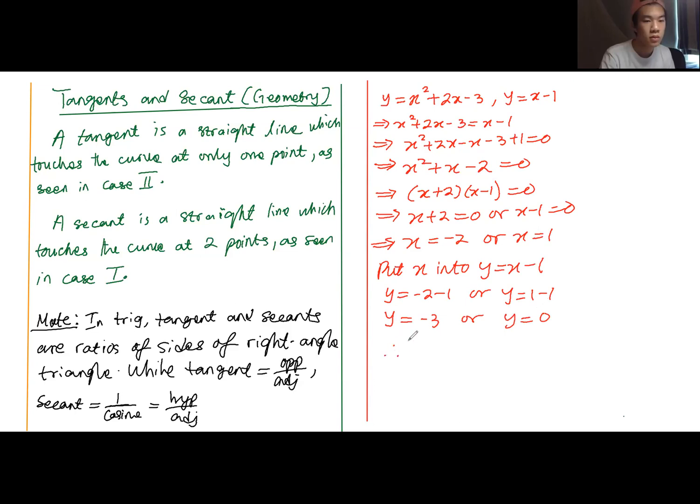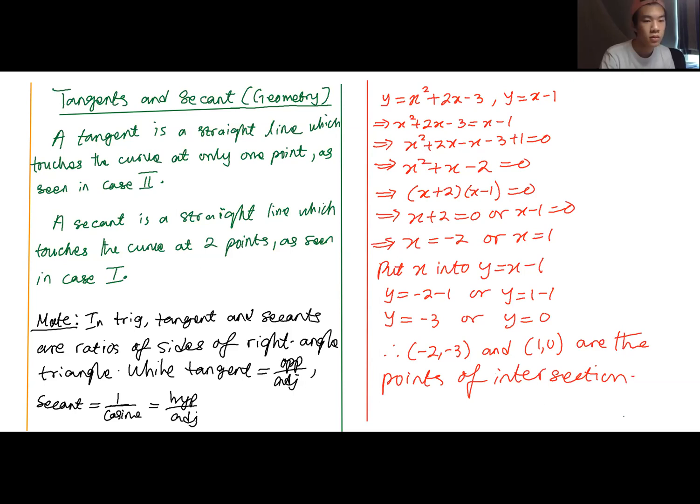Therefore, the points of intersection are (minus 2, minus 3) and (1, 0). So there are 2 points of intersection.